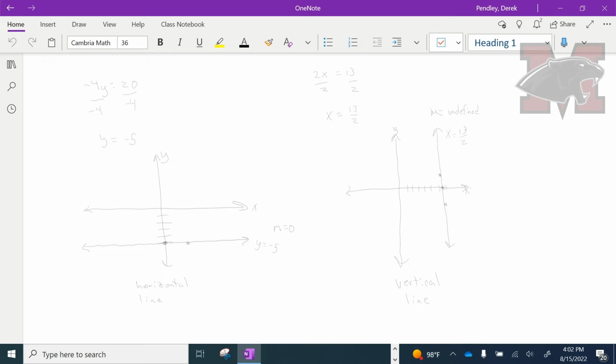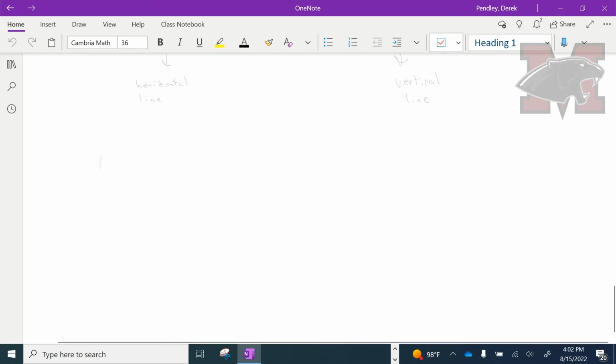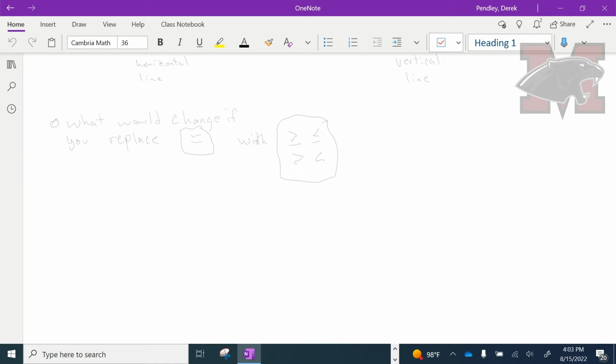So here's my question to you. What would change if you replace the equals with an inequality?